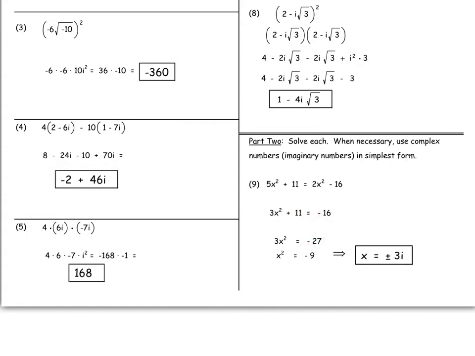You could set this up as a quadratic formula problem if you wanted to, with b equals 0, but it's much easier to do the plus minus square root method. 3x squared equals negative 27, x squared equals negative 9, divide by 3 on both sides, plus minus square root gives us x is equal to plus or minus the square root of negative 9, which is 3i.